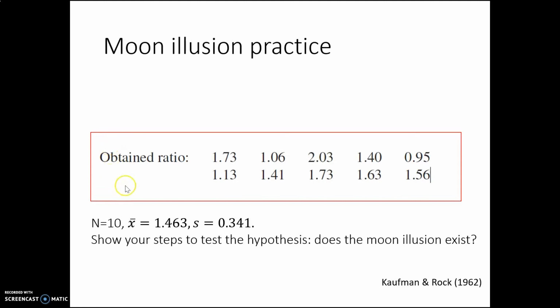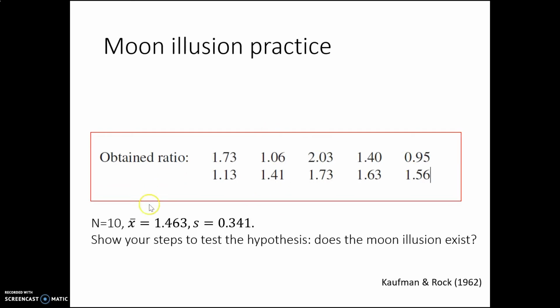If these two moons have the same diameters, the ratio should be 1. So essentially, we are comparing these 10 data points with a population whose mean is 1, and we have no idea about this population's standard deviation.